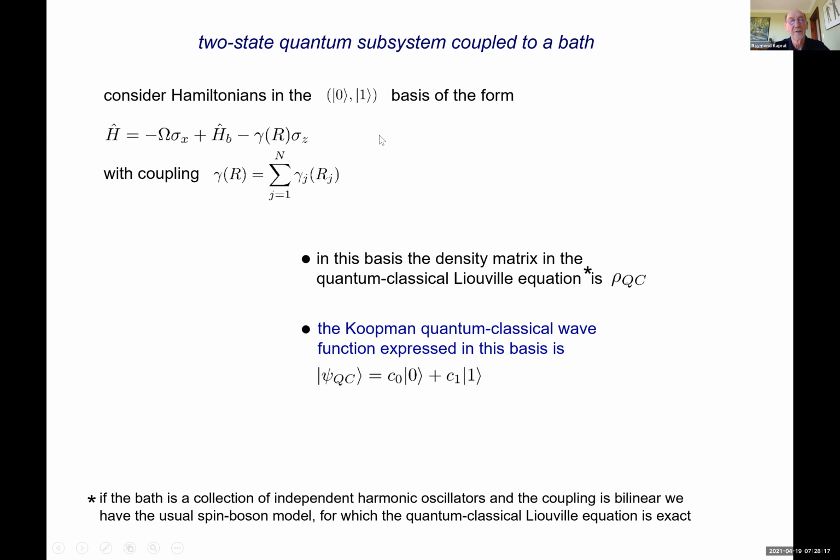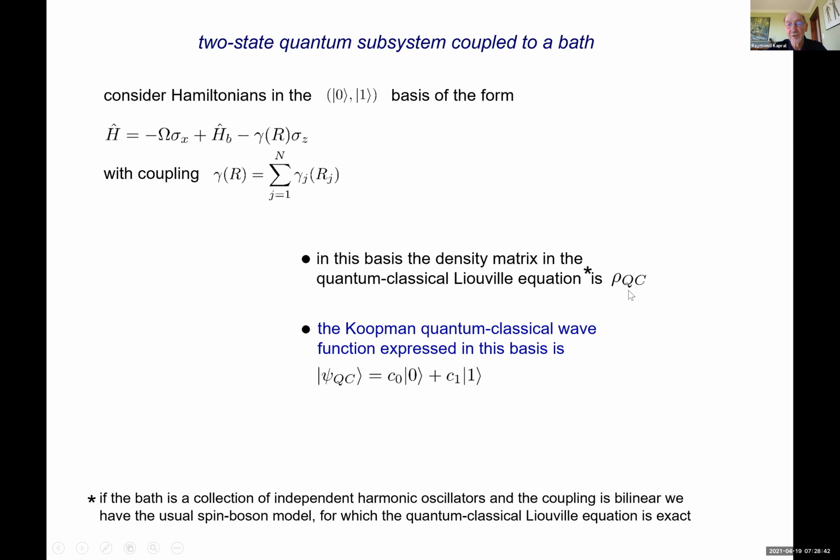It looks like a spin boson type form. In fact, this has the structure of a symmetric spin boson system. At the moment, it's a little more general in the sense that I don't necessarily assume bilinear coupling, or a bilinear bath for that matter.